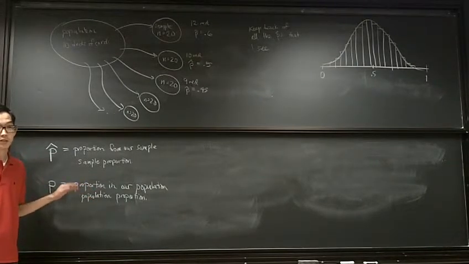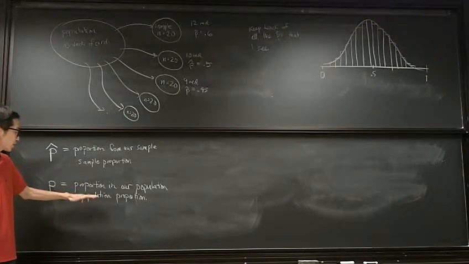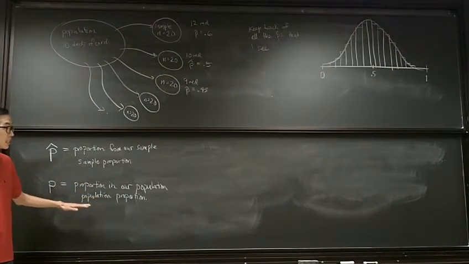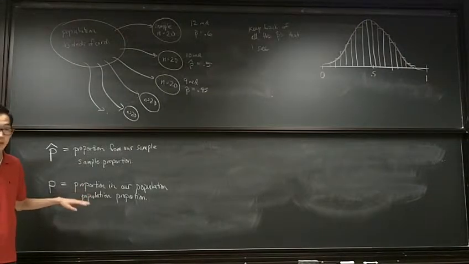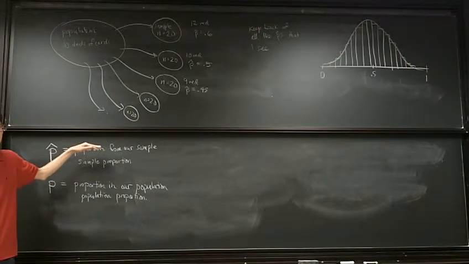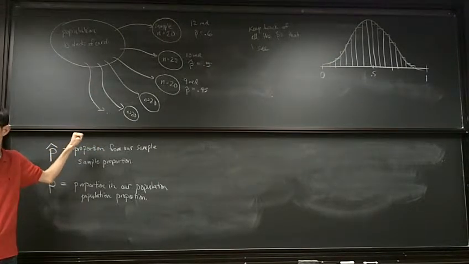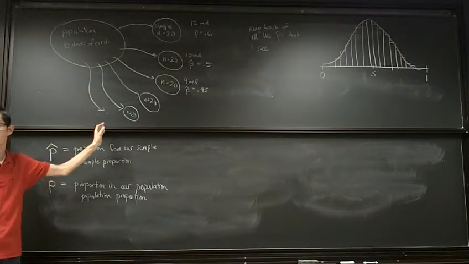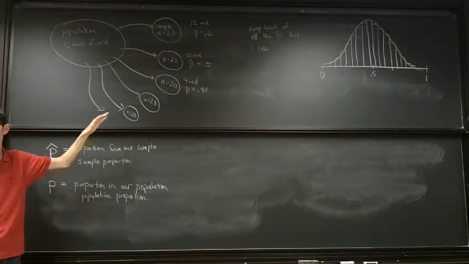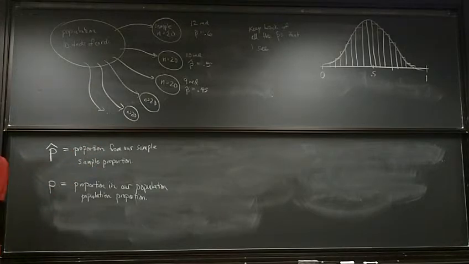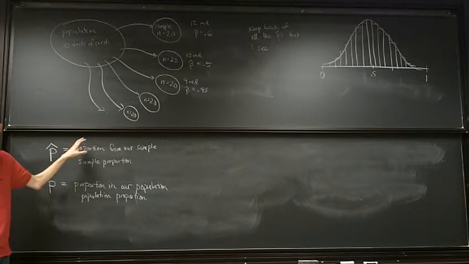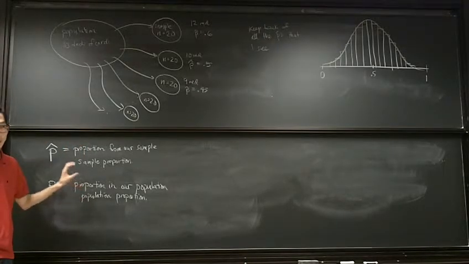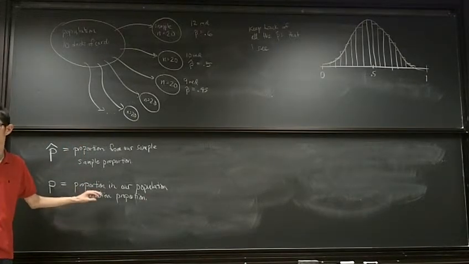So when we're talking about a deck of cards, half of the deck is red, that's our population. So the population proportion P is 0.5. But then when we talk about p hat, it might be 0.5 if we get 10 out of 20 red cards. It could be 0.45 if we get 9 out of 20 red cards. It could be 0.6 if we get 12 out of 20 red cards. Okay? So p hat could take on different values, but P is fixed at one value, and that's whatever's in the population.